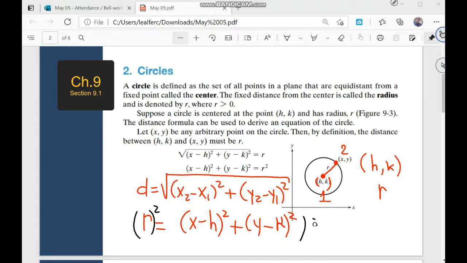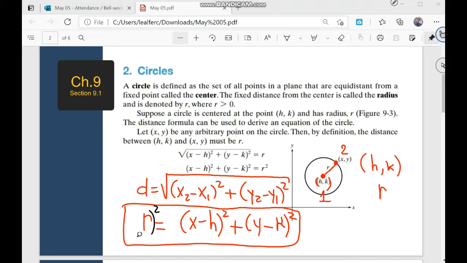Now we have r squared equals parenthesis x minus h, close the parenthesis, squared, plus, open the parenthesis, y minus k, close the parenthesis, squared. This is the equation. This is how we represent a circle on the xy plane. All right? We can remove this parenthesis, we don't need it. And this is going to be r squared.